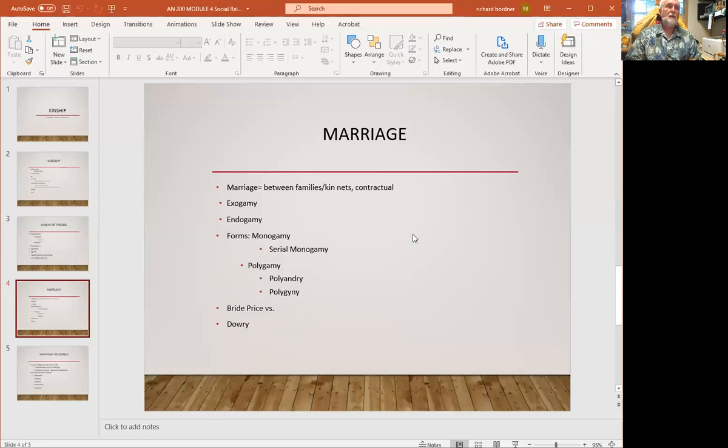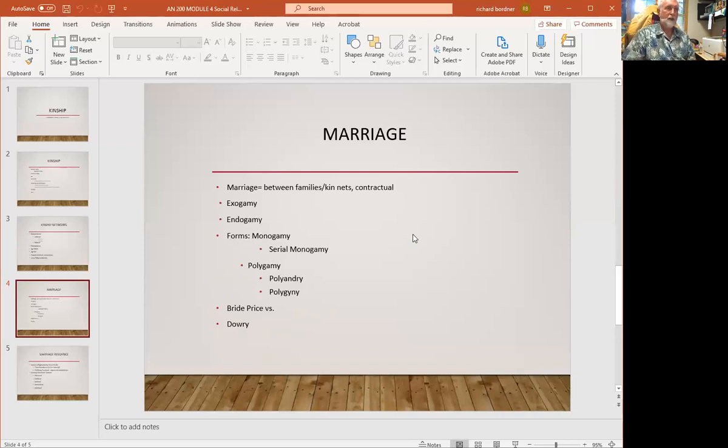So it's important to remember that even in societies which make a huge amount of noise about marriage being an individual decision between two individuals, the reality is marriage is invariably a larger collective event. Most societies are very clear and straight up on that. It's only a few societies like American society where individualism is so highly valued that there's this fiction that somehow marriage is an individual phenomenon.